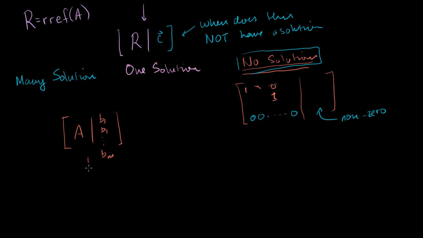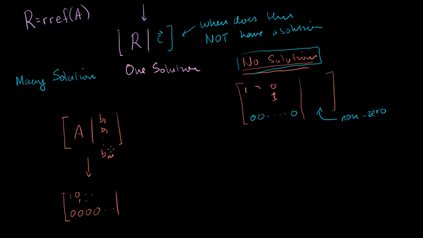And we do our reduced row echelon form with this augmented matrix. A goes to its reduced row echelon form, and let's say its reduced row echelon form has a row of zeros at the end of it. Everything else looks like your standard stuff, ones and zeros, but the last row is a bunch of zeros.